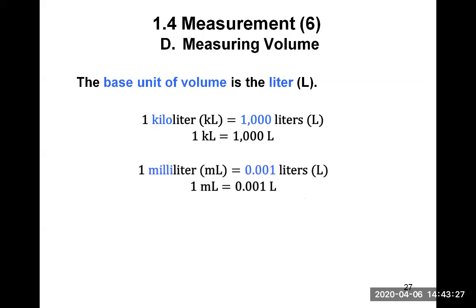Another unit that we will use a lot is the milliliter. 1 milliliter, so lowercase m, capital letter L. 1 mL is, so you replace milli by its value, 0.001 liters.